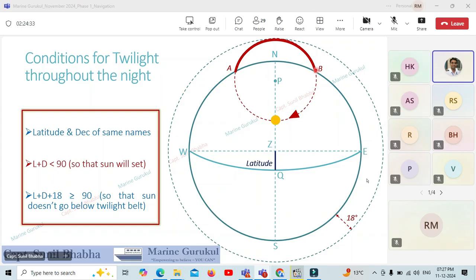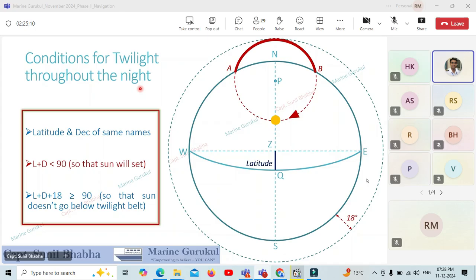The twilight does not end in between. If the declination of the sun was lesser, as we saw in the previous slide, the sun would leave this 18 degree zone at some point of time, ending the twilight. But in this particular case, during the night from Alpha to Bravo, the sun never leaves the twilight band of 18 degrees, thus making a condition in which the twilight continues throughout the night.